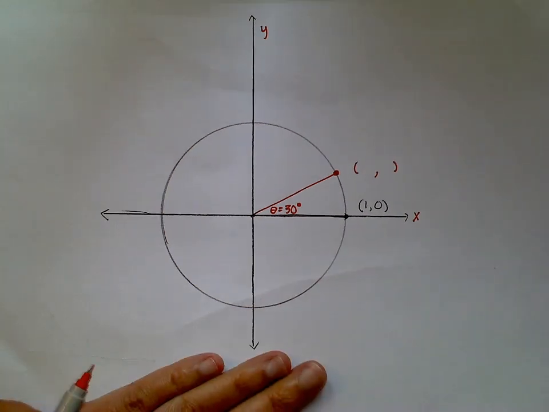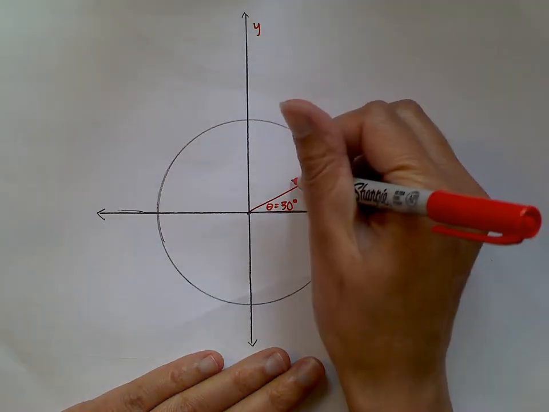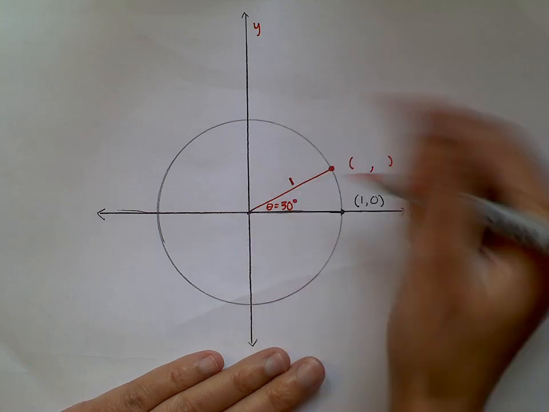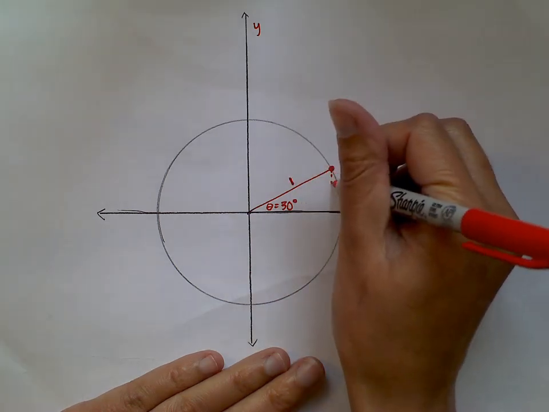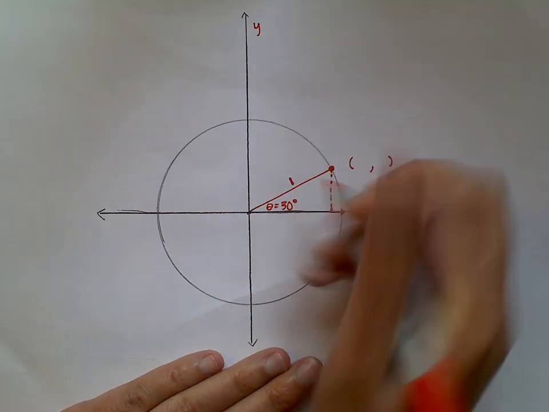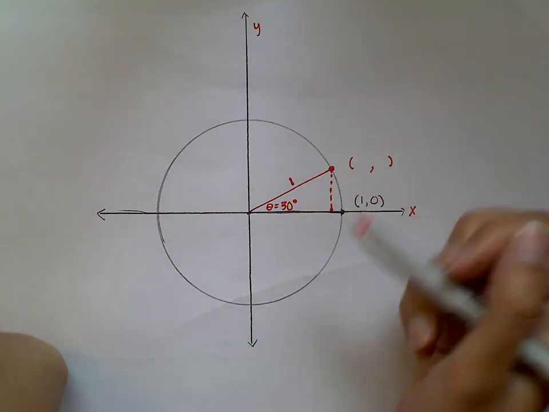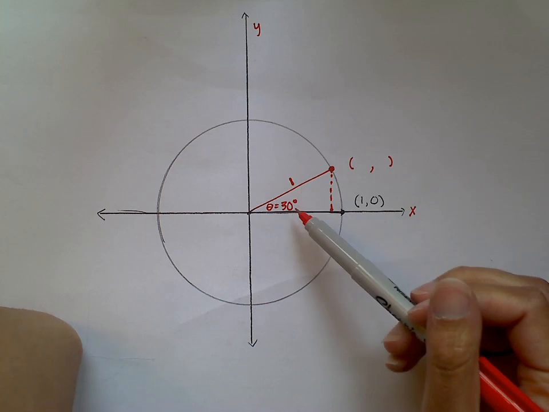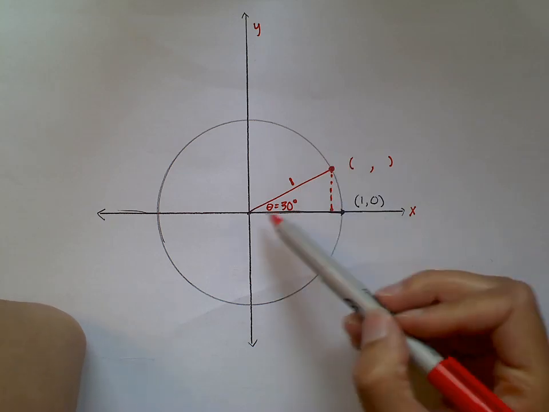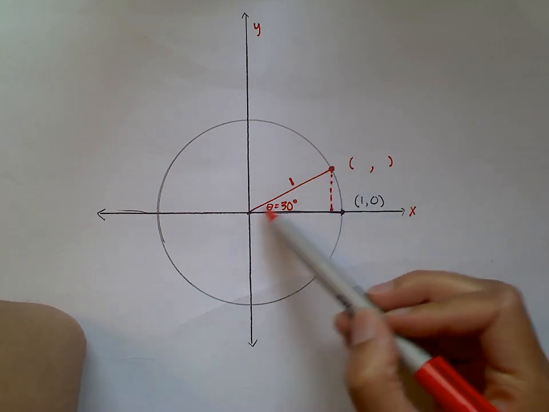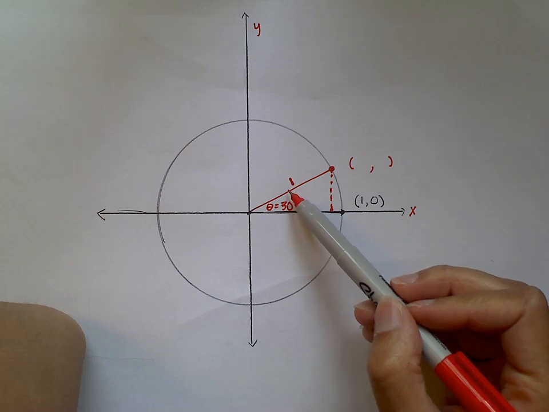So if I know here that my radius is 1, the question is if I drop this down and I find that xy distance so I can fill in my xy coordinate point, the relationship that we have in a 30-60-90 triangle is that your hypotenuse is always double your shortest side.